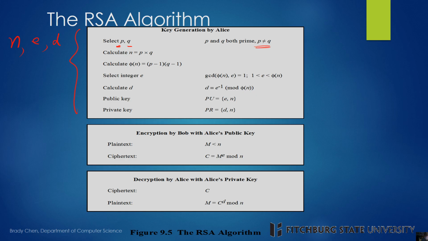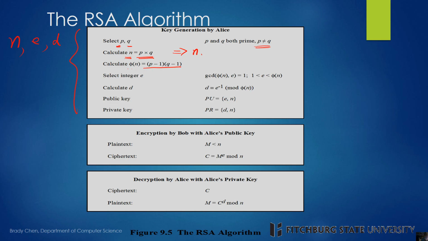Then we calculate P times Q and get N. Then we calculate the Euler totient function of N, phi of N, which is P minus 1 times Q minus 1, as we know from the previous slide.